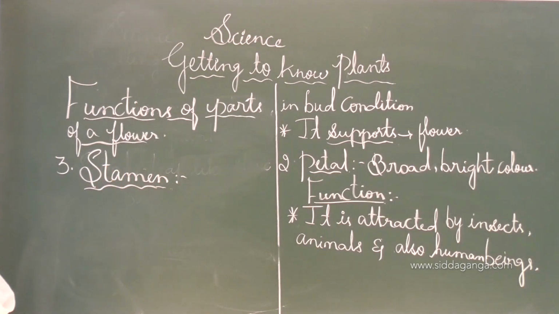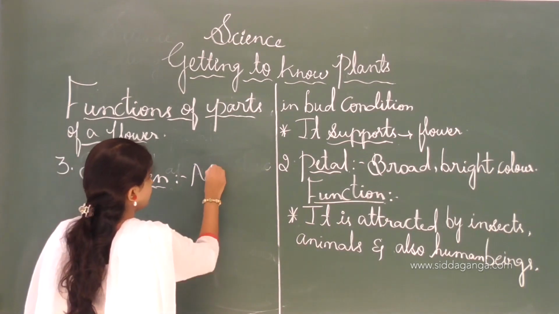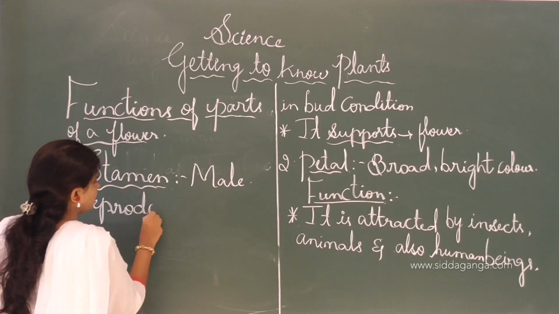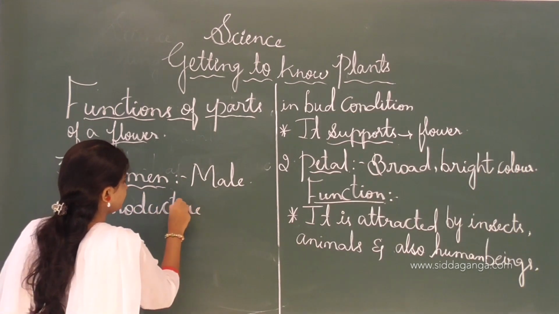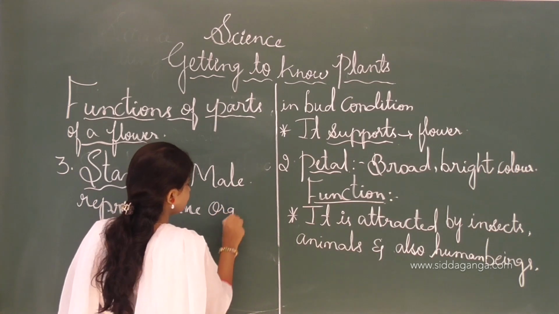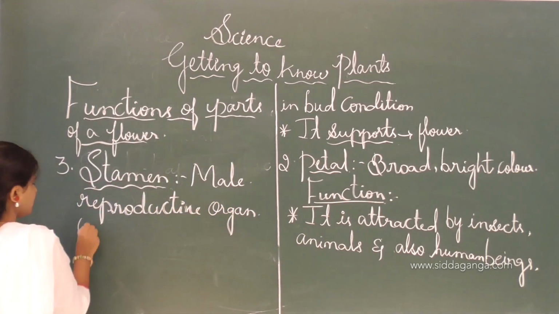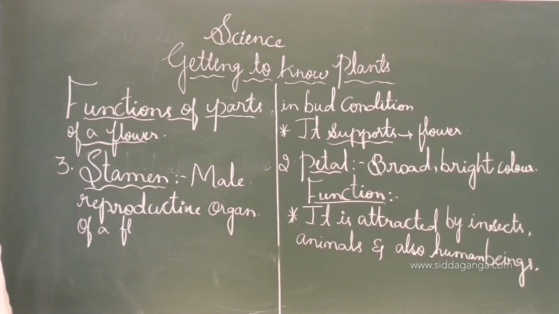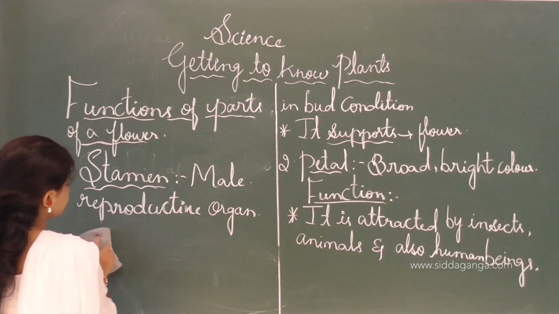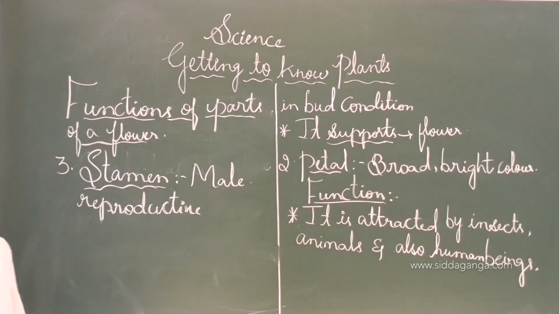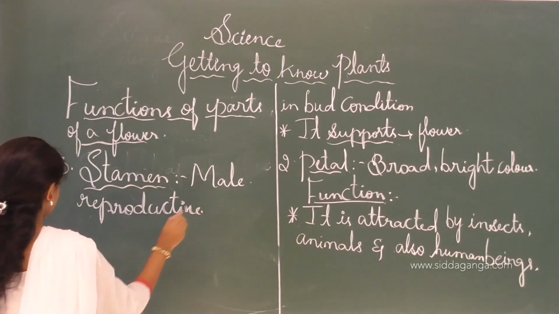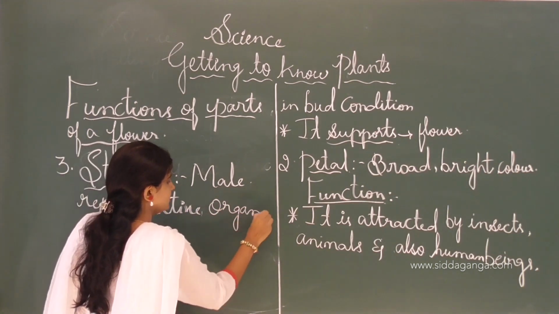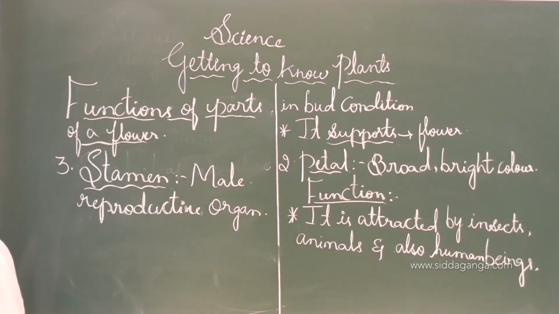Stamens are the male reproductive organ of a flower.